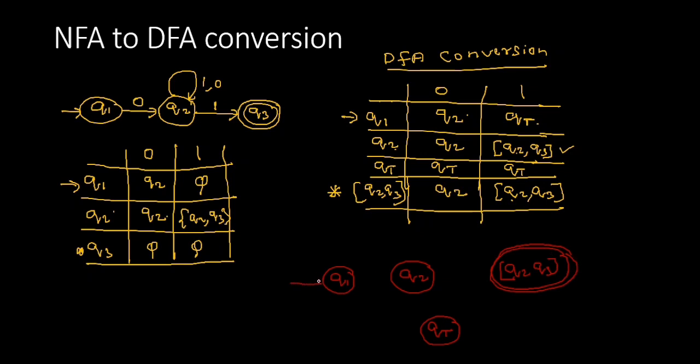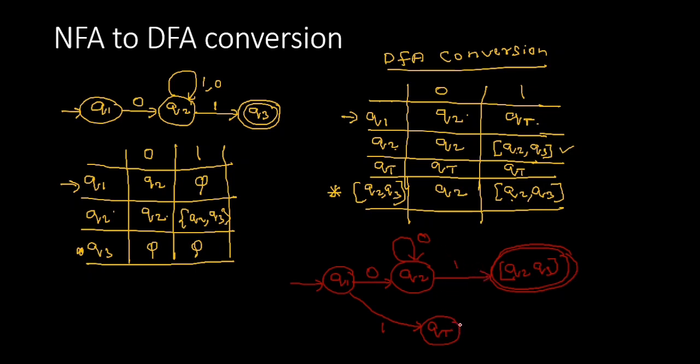Now in Q1 when 0 is applied, it goes to Q2. In Q1 when 1 is applied, it goes to QT. In Q2 when 0 is applied, it goes to QT itself. And in Q2 when 1 is applied, it goes to Q2, Q3.